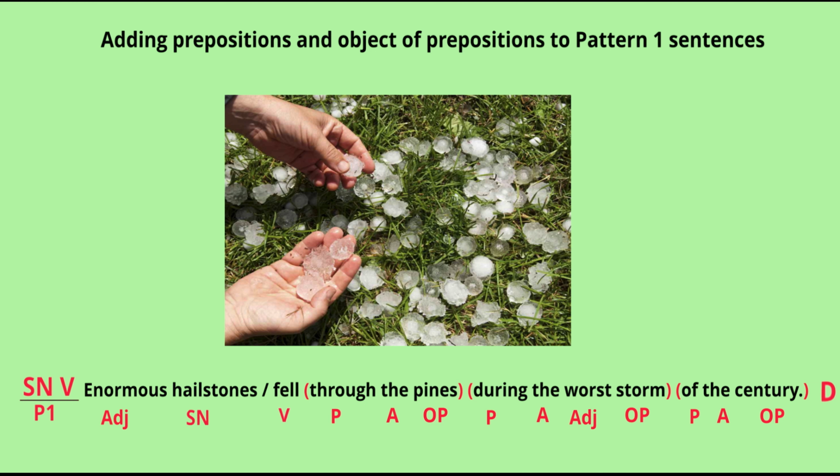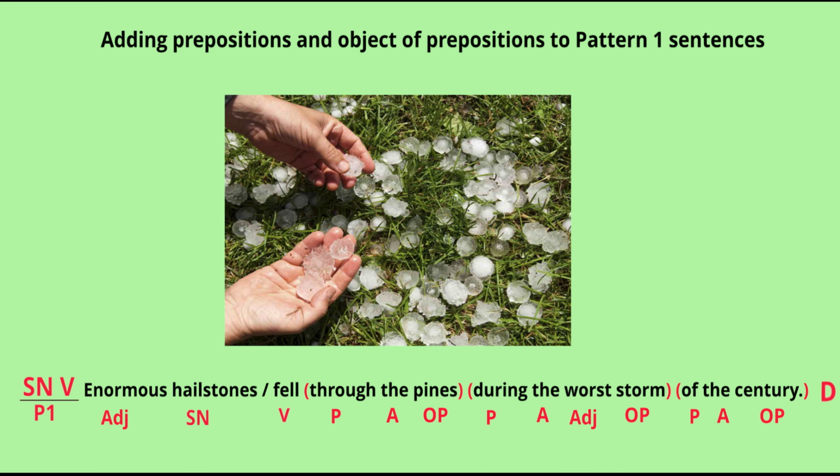If you get a noun or a pronoun, then that would be a preposition and the whole phrase would be a prepositional phrase. So through what? Through the pines, right? Is pines a noun? Yes, it is. So through is the preposition, the is an article adjective, and pines is the object of the preposition.